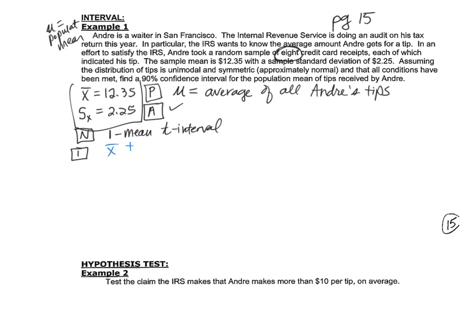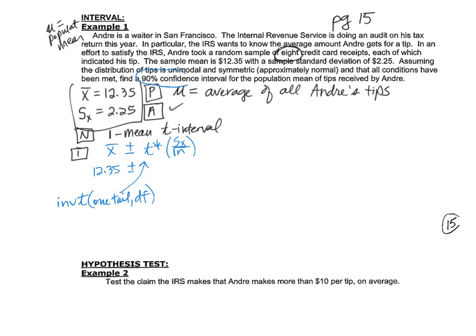So let's go ahead and fill that in. So that made 1235 plus or minus. Now, do you remember how to get this t star? Inverse, not inverse norm. I mean, inverse t of the one tail, comma, degrees of freedom, which is n minus 1.